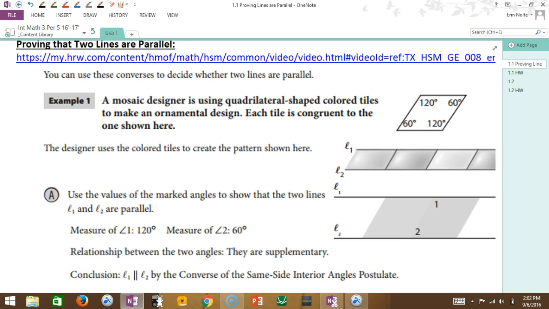It's pictured over there at the right, and she's making these colored tiles and making an ornamental design. She's stacking them next to each other. All of the tiles are congruent. So here is a picture of the tile. You see the little quadrilateral? Can anyone make an observation about that quadrilateral?